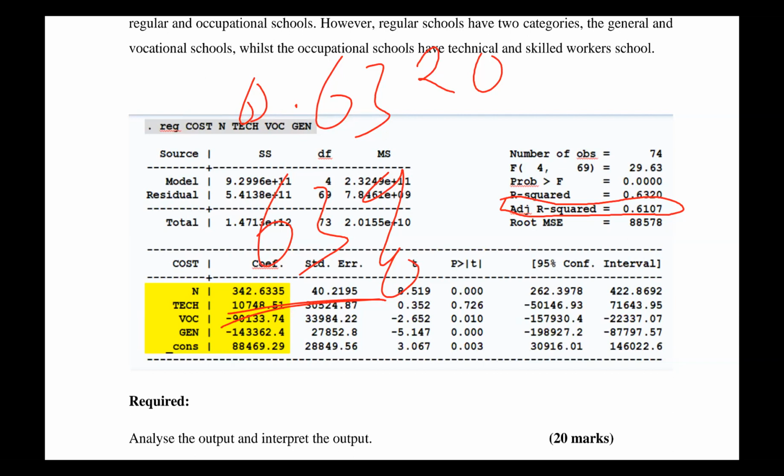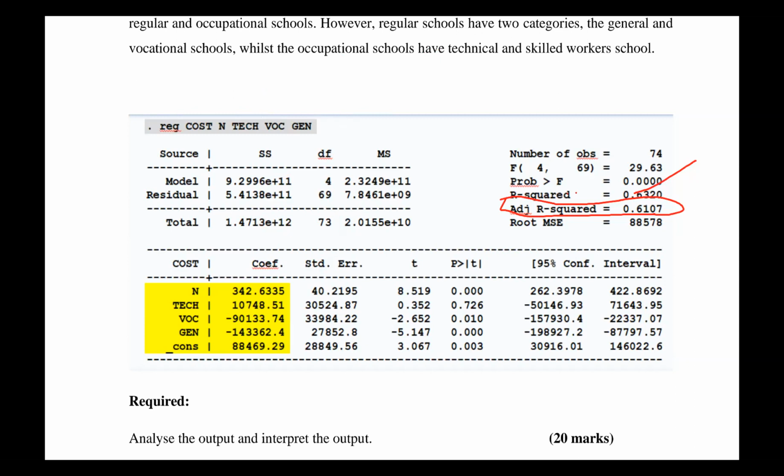Most of the times when you're interpreting the output, you don't usually interpret the adjusted R squared. But the difference between the two is that, practically, you know how the R squared behaves. If you increase the number of n, it keeps on increasing.